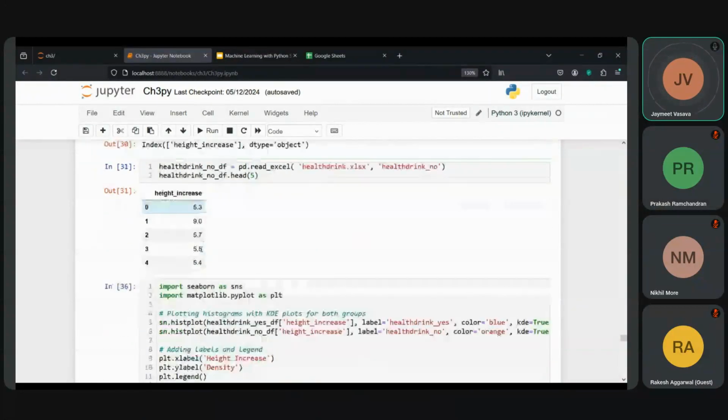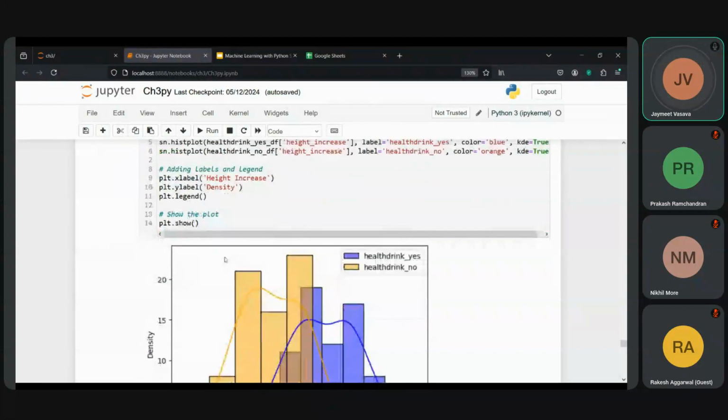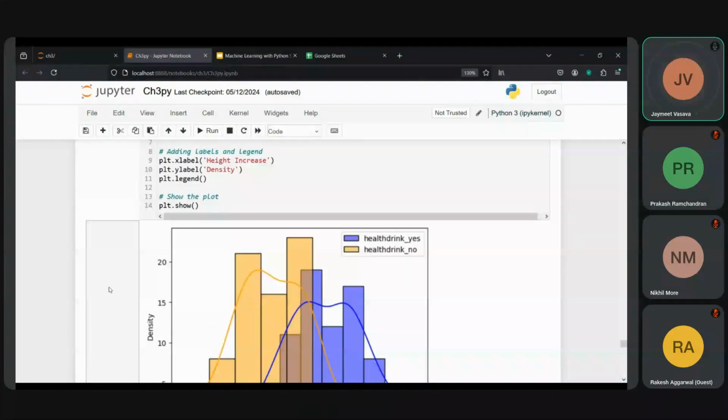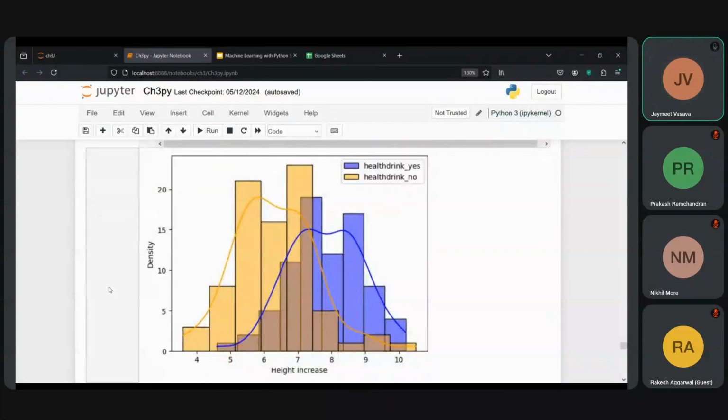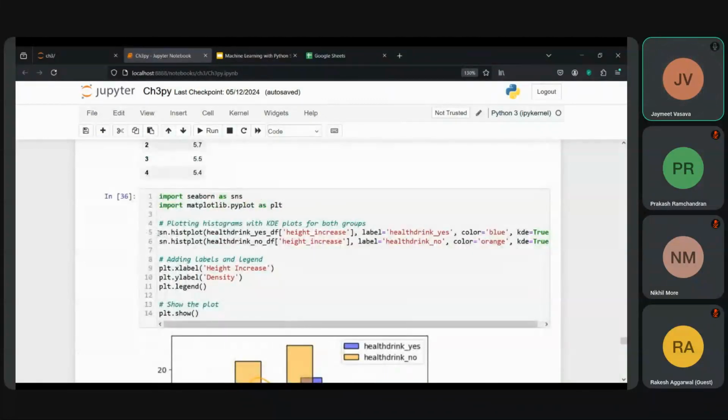Then for plotting, this is the plot we saw on the slides for the yes and no drinks, for the height increase and the density. You can plot it like this using the histogram plot through sns.